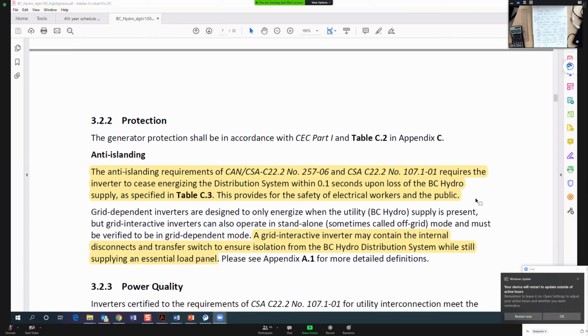You can still feed your house. You can still light up your house, but your inverter or your controlling equipment has to be disconnected from the hydro power line. Because if you keep feeding power back onto the hydro line, it's going to be a danger to the hydro repair person. That makes sense?